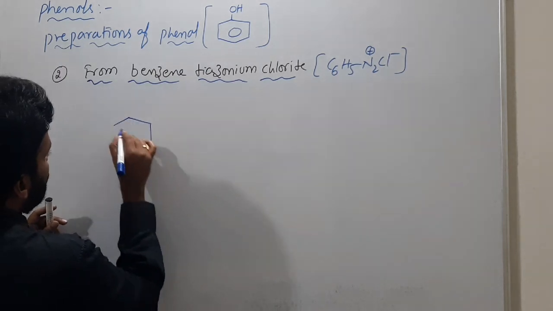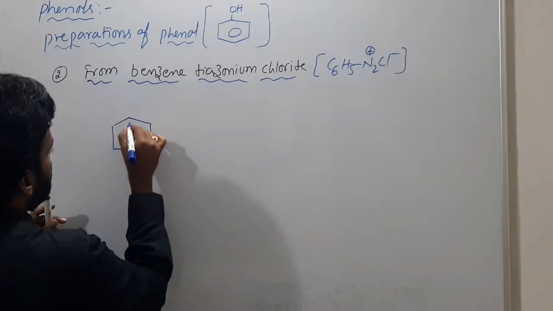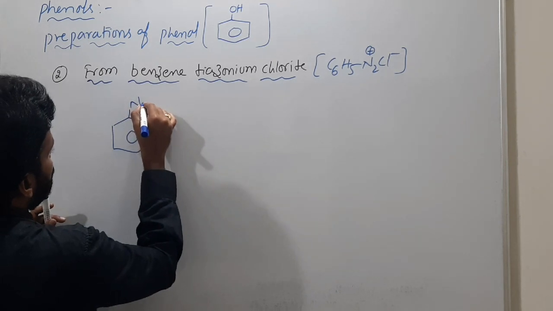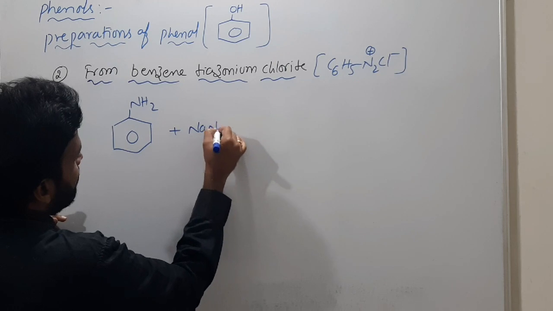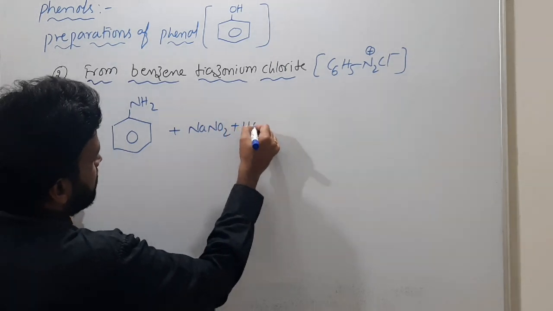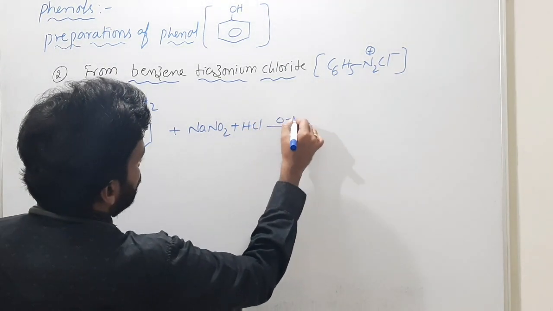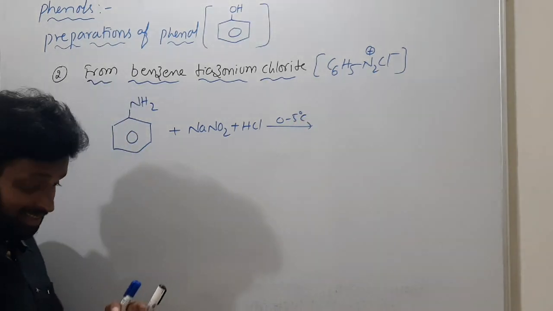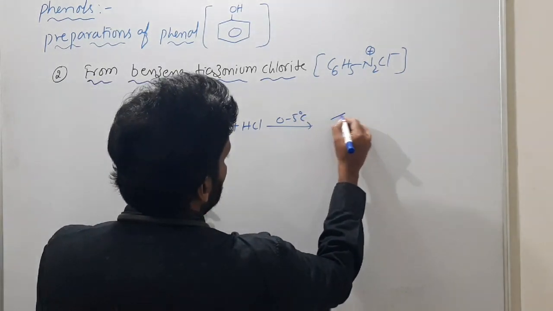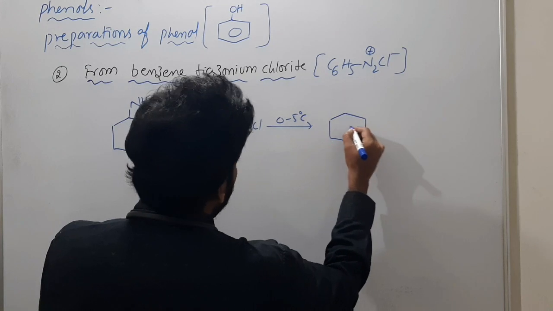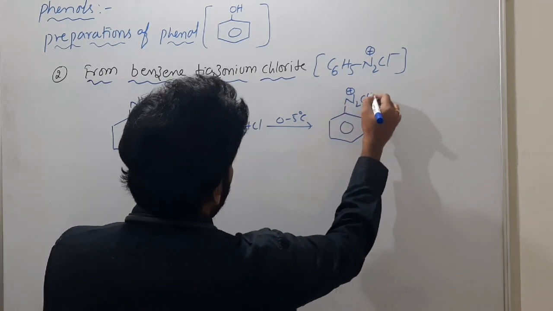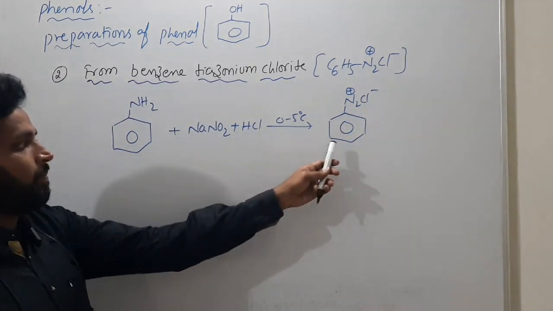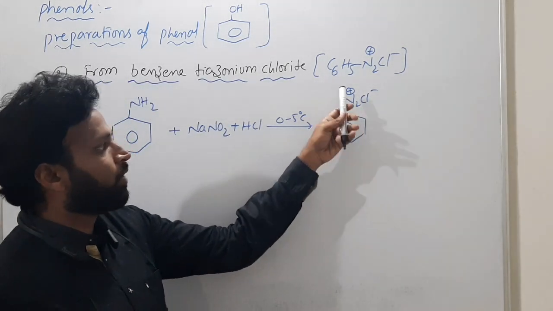Forgot? C6H5NH2, aniline. When this reacts with NaNO2 plus HCl at 0 to 5 degrees Celsius, then you will have C6H5N2 plus and Cl minus. This is called benzene diazonium chloride.